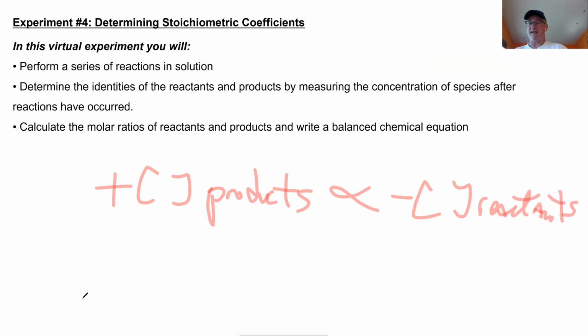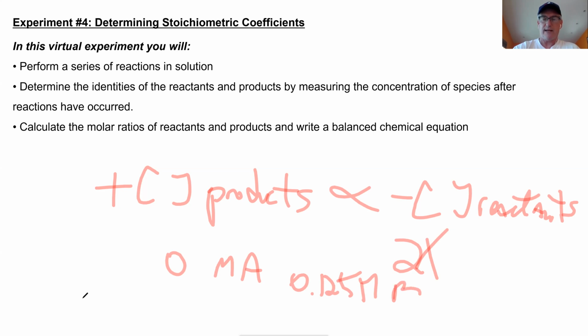Now, if my reactants decreased twice as much as my products did, let's say afterwards I have 0 molar A and 0.125 molar B and 0.50 molar C. D hasn't changed.